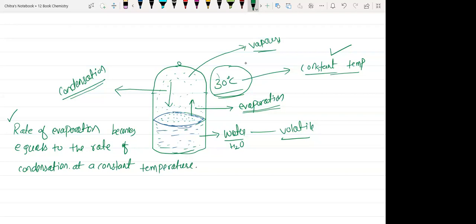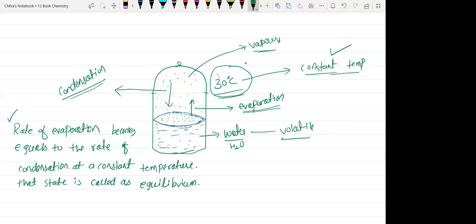That state is called equilibrium. Right, everyone? Equilibrium. Any doubt till here?